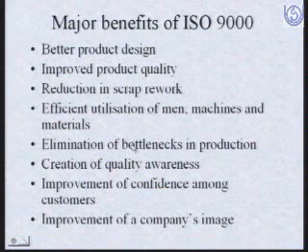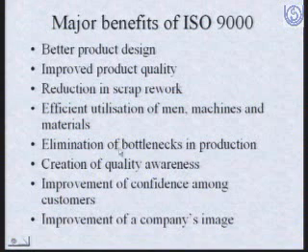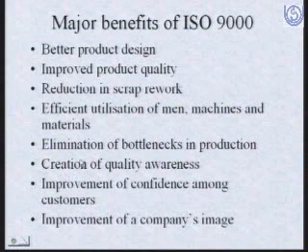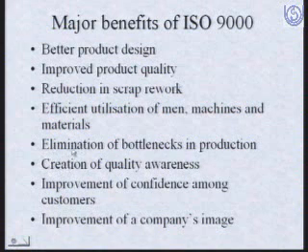Elimination of bottlenecks in production: the bottlenecks are removed because things are standardized and the focus is on the smooth flow of things. Creation of quality awareness in the whole organization: everybody involved in the procedures is highly aware of the quality of the things.